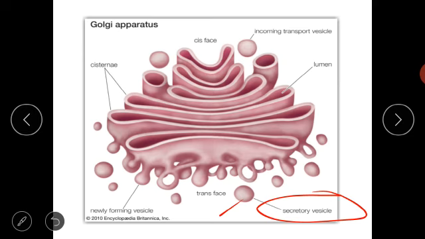Proteins and other biomolecules like carbohydrates, lipids, vitamins, and other signaling molecules are enclosed in the secretory vesicle, and this vesicle is transported from one place to another in the cell, through the cytoplasm. That is the function of the Golgi apparatus.